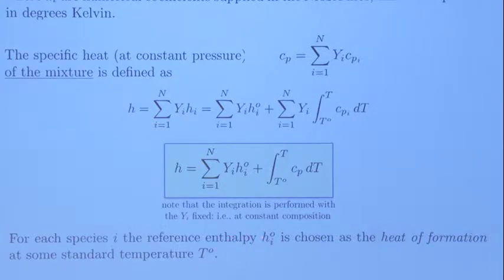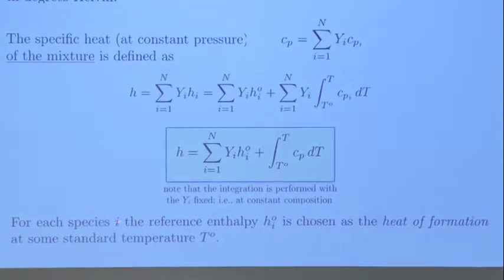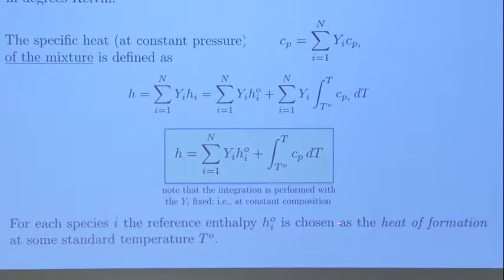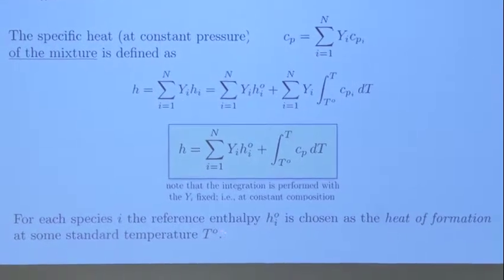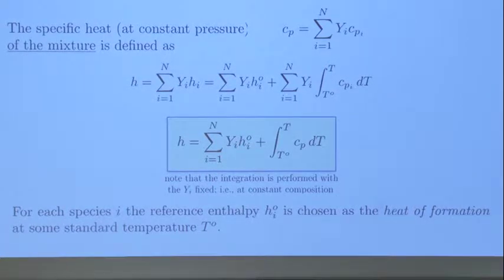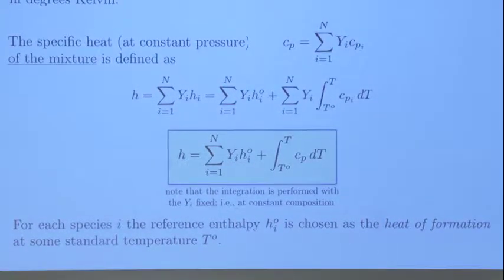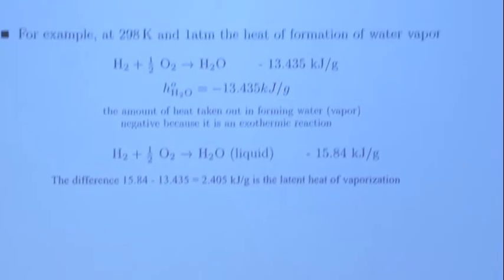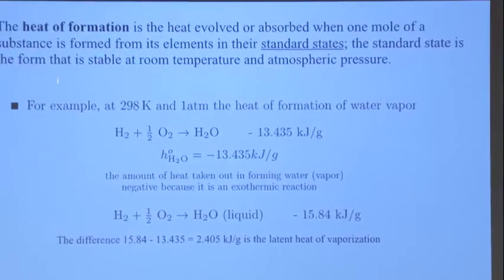In fact, for each species i, the reference enthalpy is chosen as the heat of formation at some standard temperature T0, okay? Remember I said that we have to choose a common reference, and that's the definition. So I think it's repeated here.